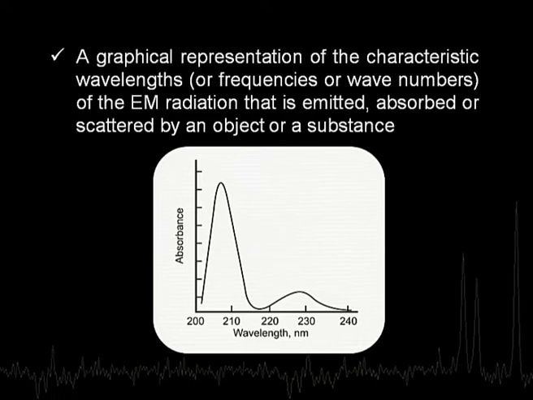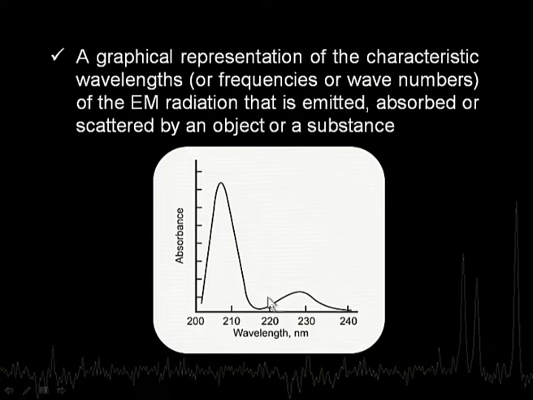For IR spectrum, there will be different kinds of things, and for other spectroscopies, we will have different kinds of spectra. But the basic premise remains the same, that this is a graphical representation of the wavelengths or the frequencies or the wave numbers, typically on the x axis, and on the y axis we will have some parameter which tells you the intensity. It could be absorption intensity, emission intensity, or something else.